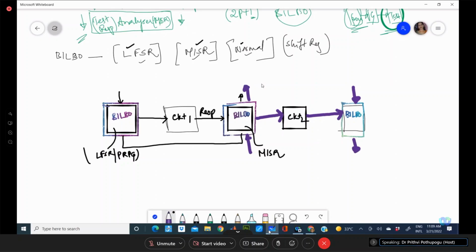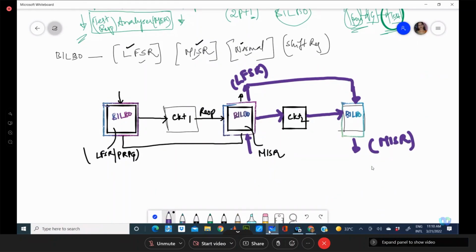This is the path to take. This becomes the linear feedback shift register, and this becomes the multiple input signature register. This is just to give you an idea.